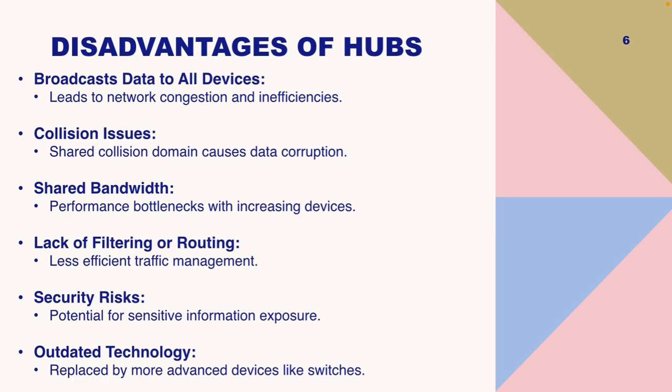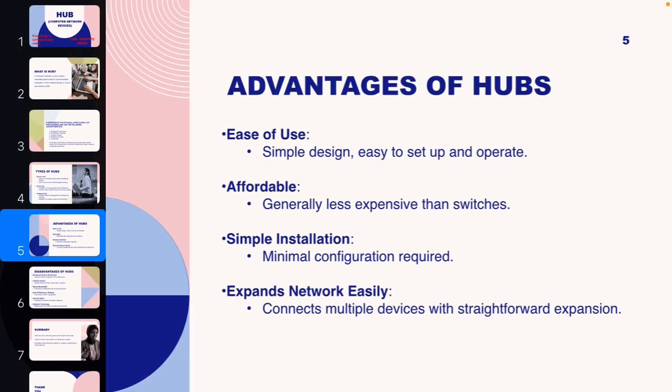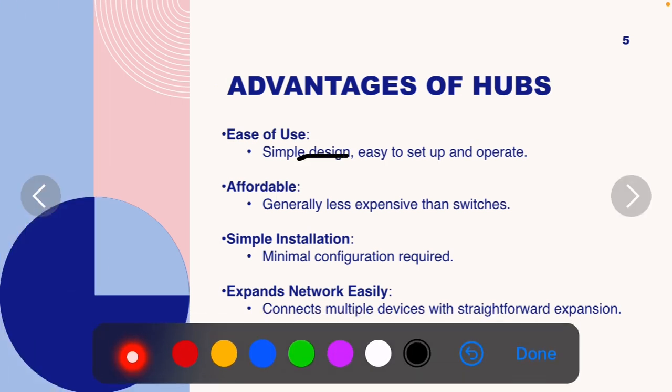The next is advantages of hub. First is ease of use. Ease of use means simple design, easy to set up and operate. Simple design means hubs have a basic design with minimal components, making them straightforward to understand and use.